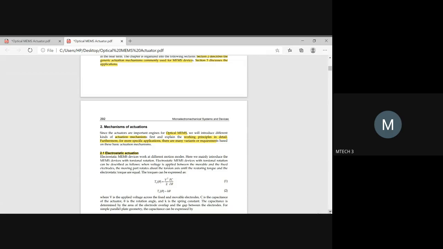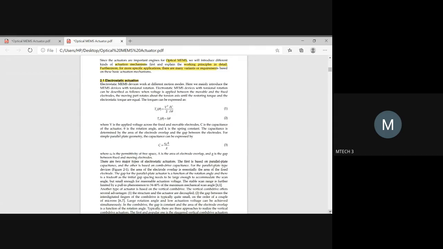It mainly depends upon the applied voltage, the type of electrodes used, which is the fixed electrode, which is the movable electrode, and if you are using an actuator, what is its capacitance value. If you are rotating to any inclination, what is the rotation angle. If you are using any spring, what is its spring constant. If you know all these parameters, you can correlate the torque equation.